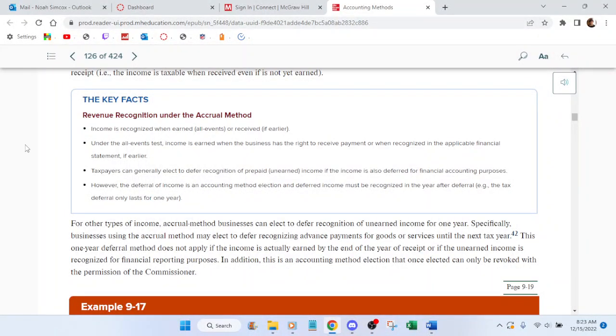Income is recognized when earned, all events, or received if earned. So, under the all events test, income is earned when the business has the right to receive payment or when recognized in applicable financial statement if earlier.